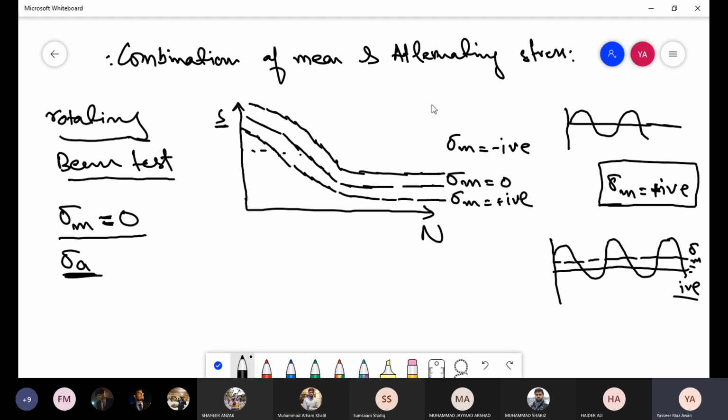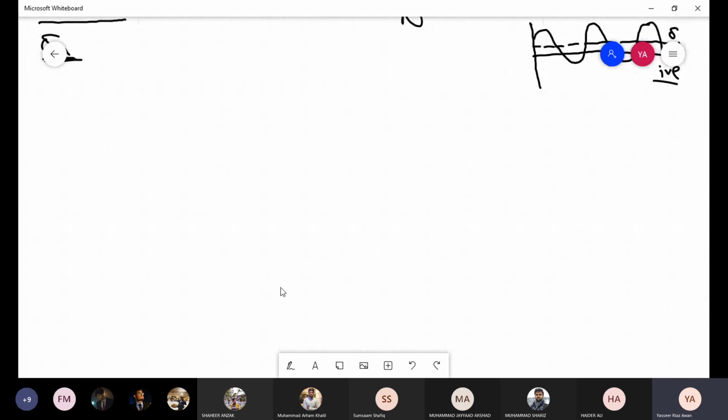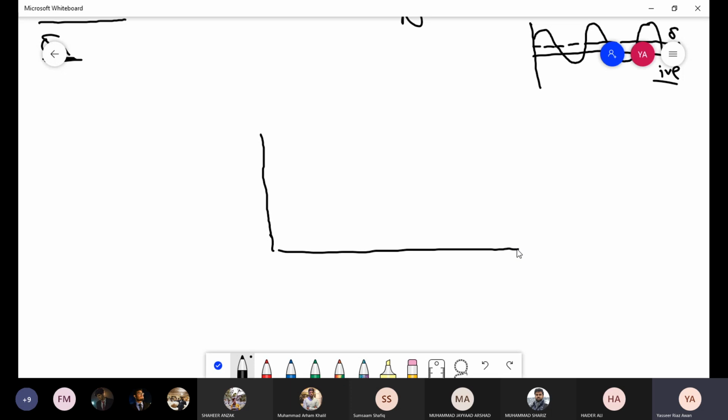And we will look at the test result later to see what would happen. But at the moment, we can maybe guess that this should happen. Okay. So now, if I want to draw a graph like this, where on one axis you have sigma a, other axis you have the sigma m. Okay.